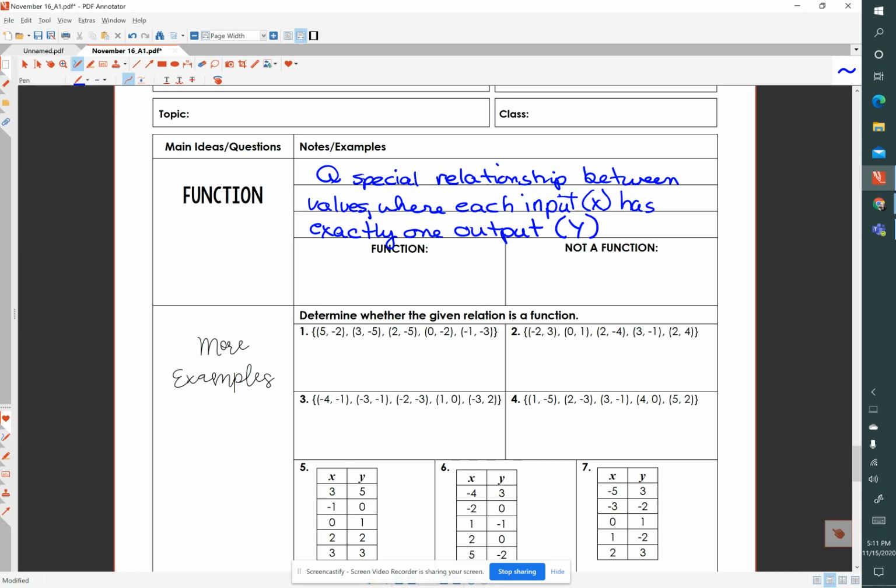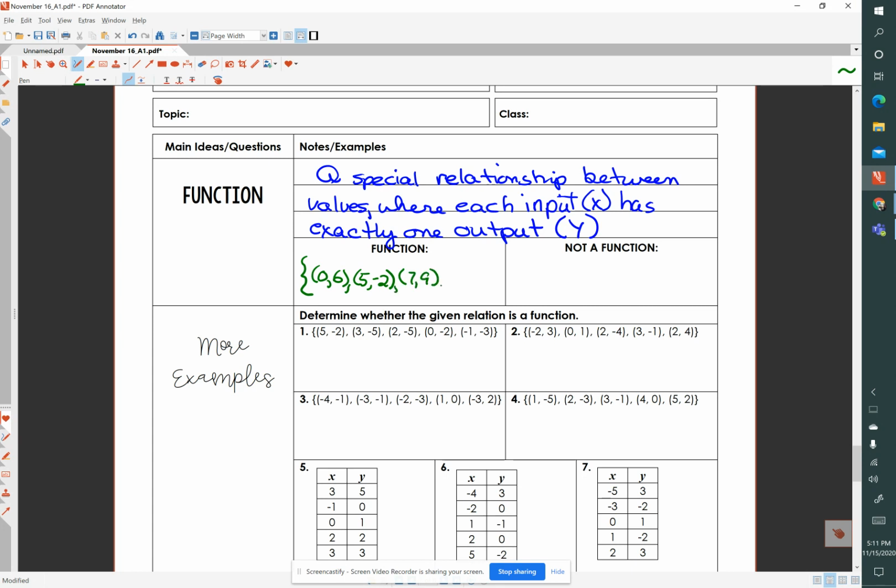Okay, so an example of a function would be the points (0, 6), (5, -2), (7, 9), (11, -1).